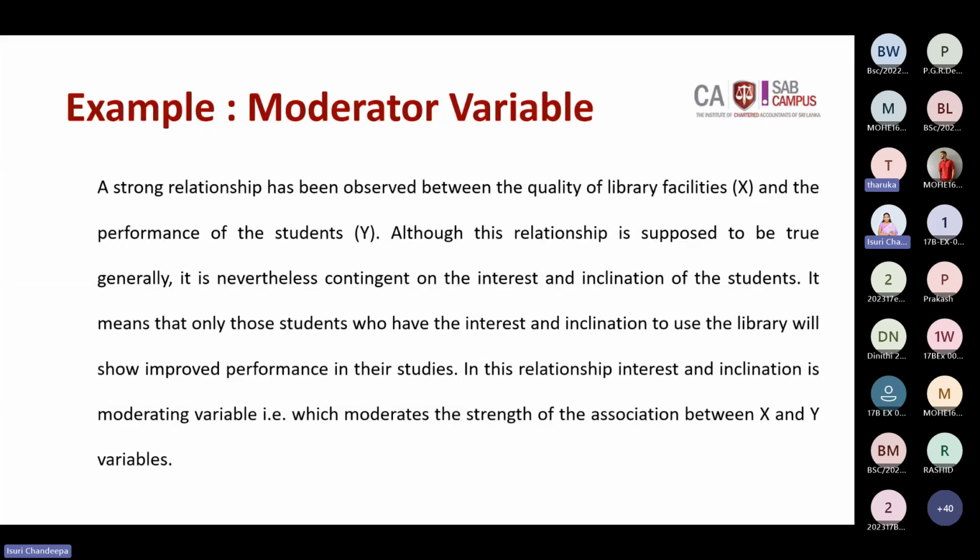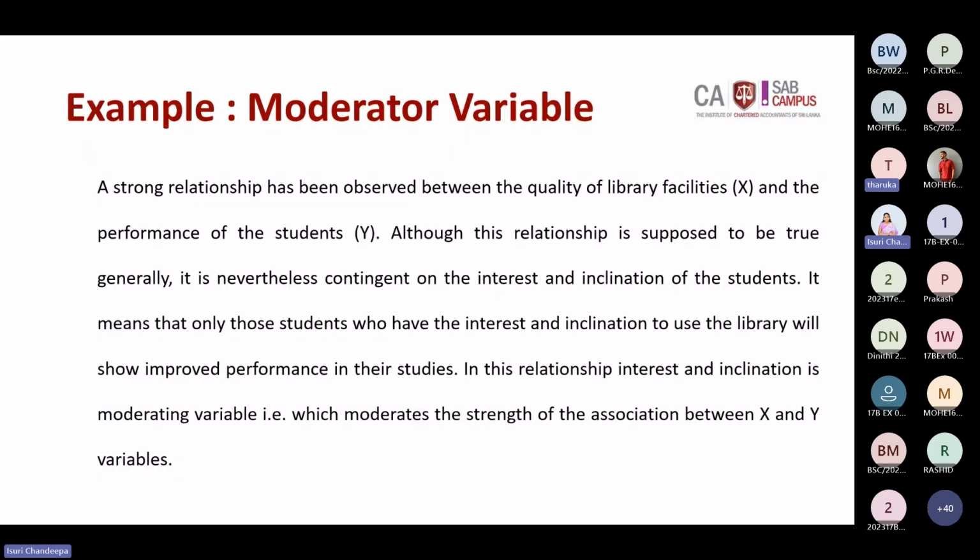Even so, in the normal case, if the universities are having quality library facilities, what happens? The student performance is high. So that is the first, or main relationship. The first main thing is whether, based on the quality of library facilities, the performance of the students will be high.